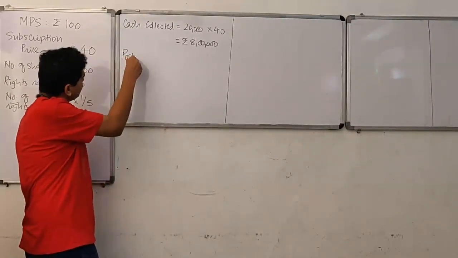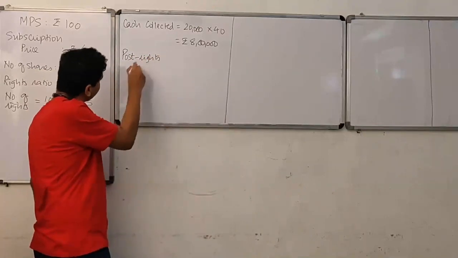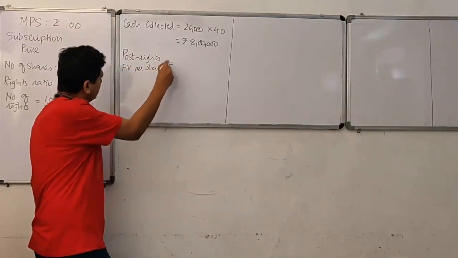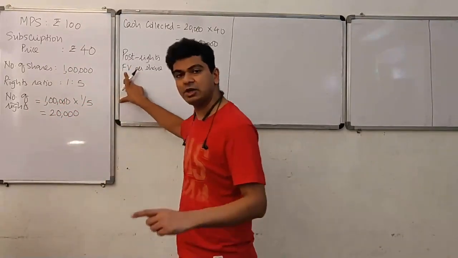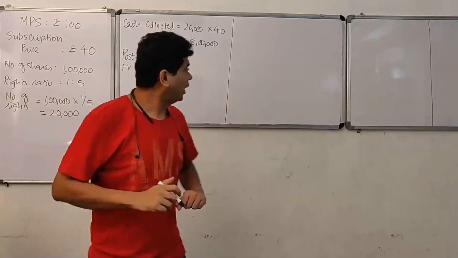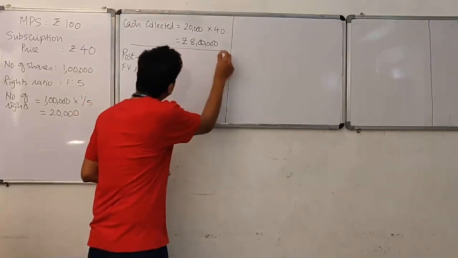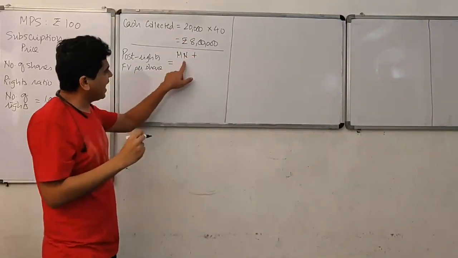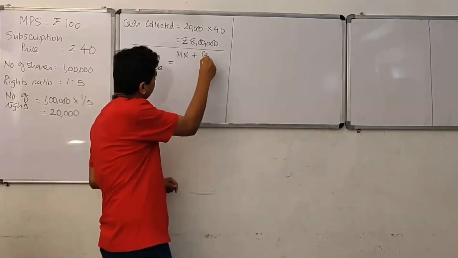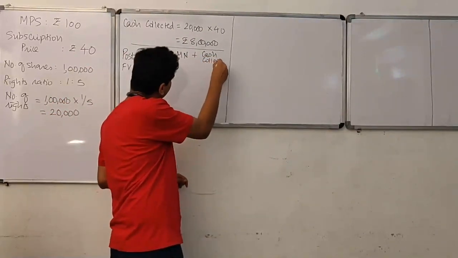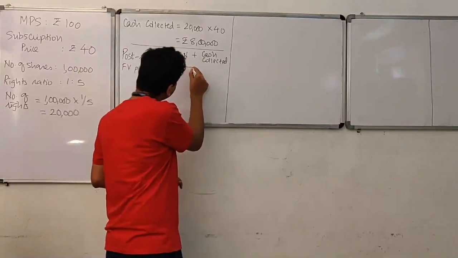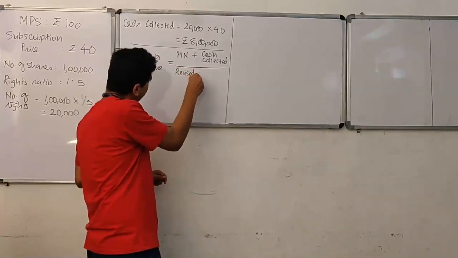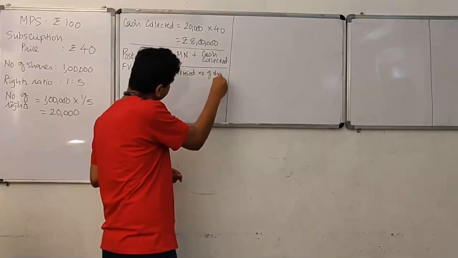So I calculate the post rights fair value per share. Right, this FV is not face value, it is the fair value per share. How will I get it? I have a simple formula for this. It is MN plus cash collected, divided by the revised number of shares.